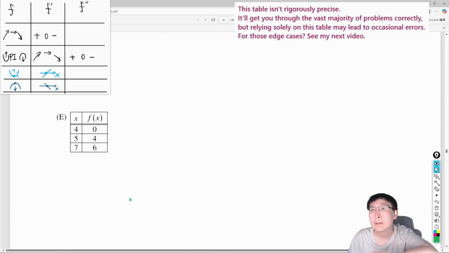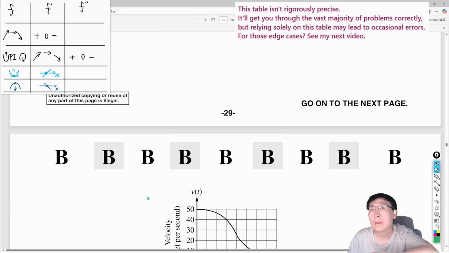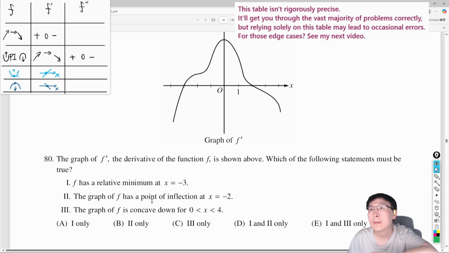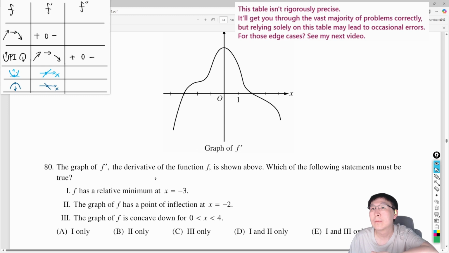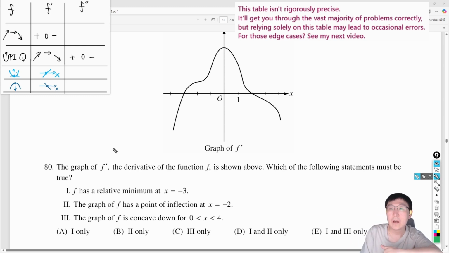Then let's check back. Question 80. This time we need to justify 3 statements and check which of the following statements must be true. Number 1.